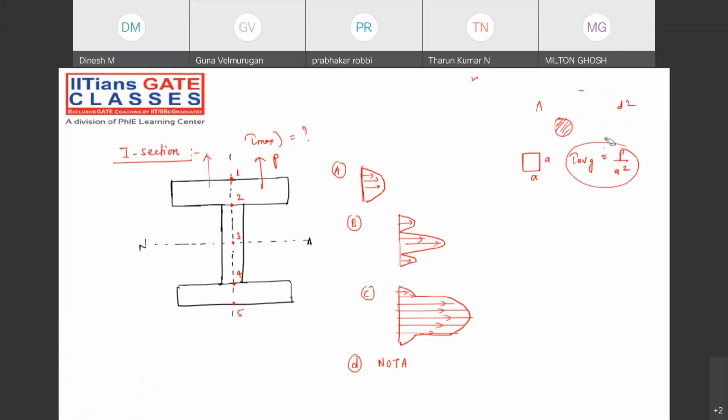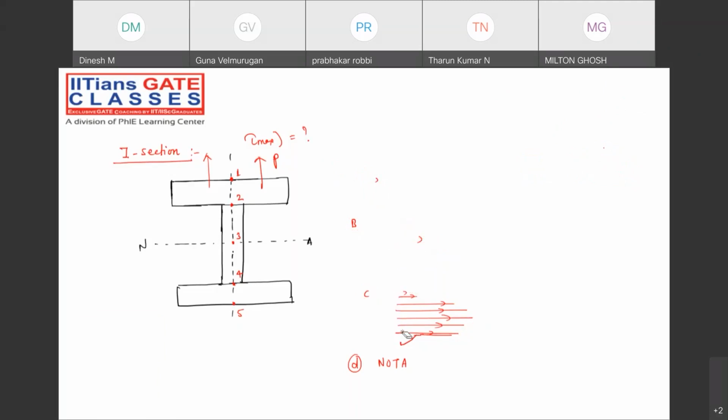Without having any derivation for this I section, we can draw this diagram comfortably. Option C is correct. Now check why.